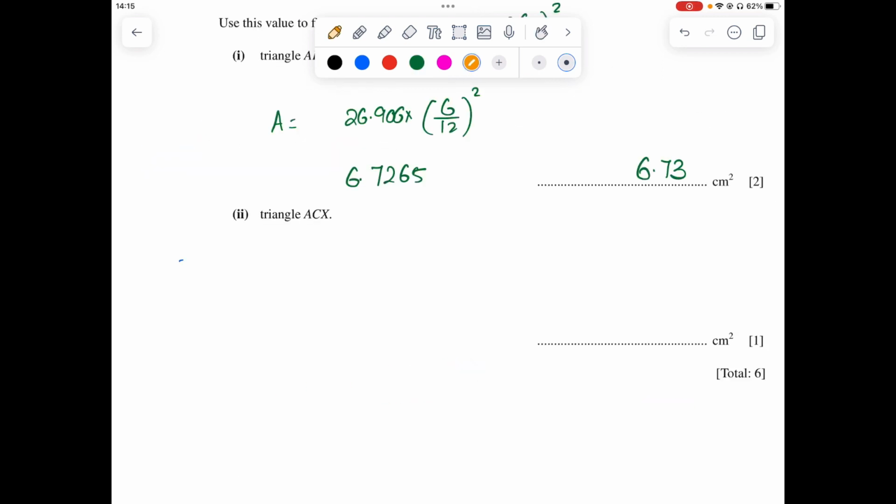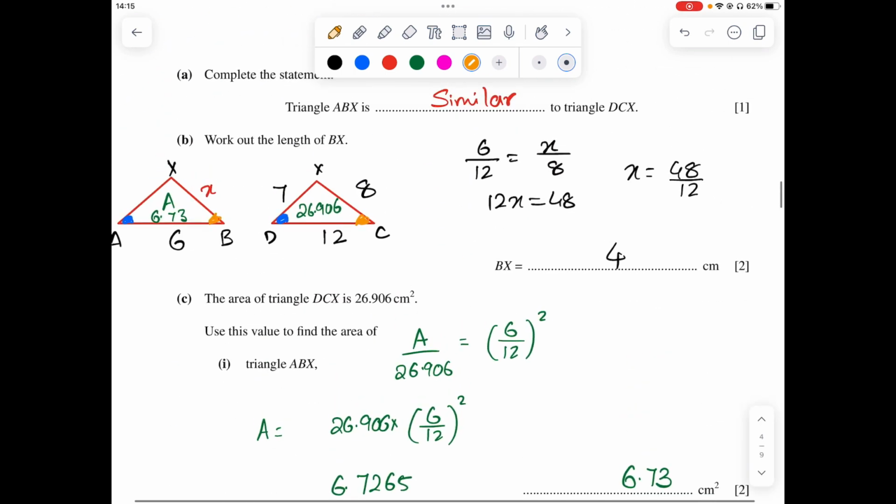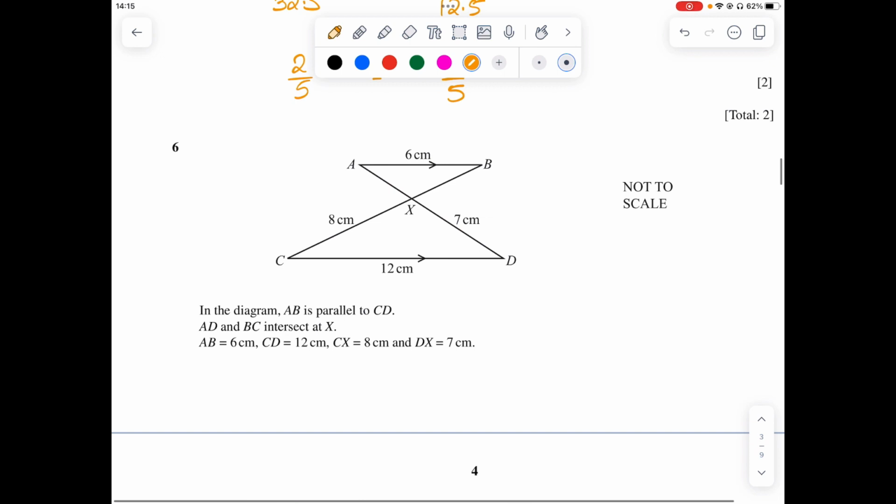In part 2, he is asking us to find the area of the triangle ACX. So how should I be finding the area of the triangle ACX? Go back to this diagram. Just now we found this side was 4. So I am going to take the bigger triangle ABC and the smaller triangle ABX. Two triangles I'm going to take.